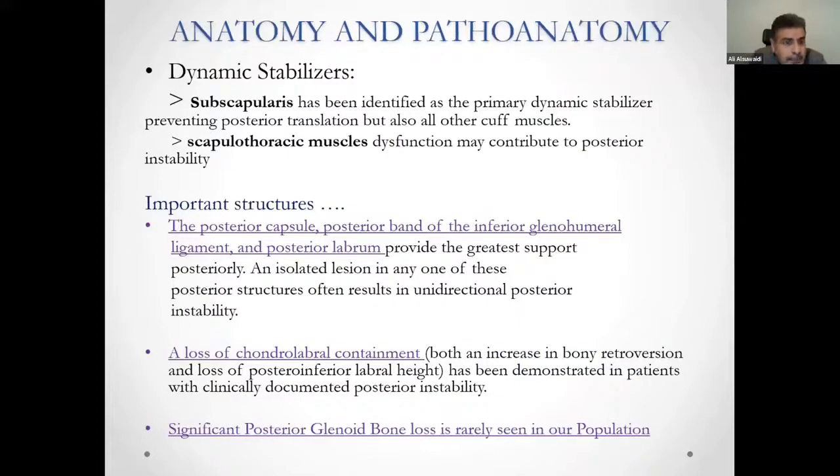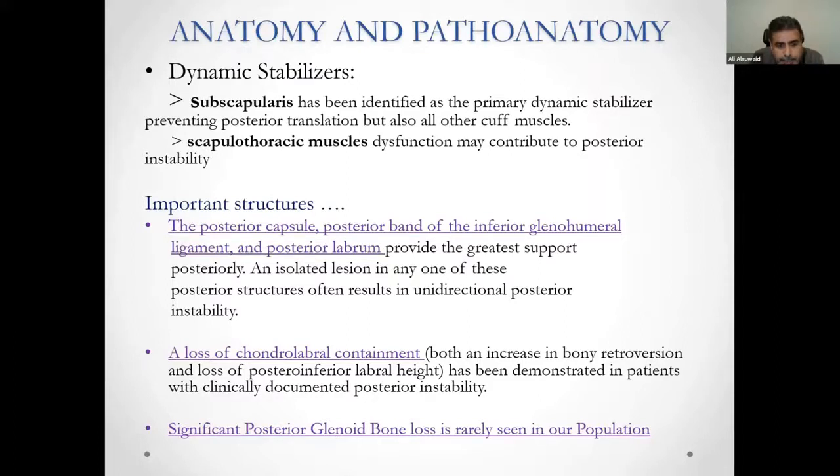The dynamic stabilizers for posterior stability, the subscapularis and also the scapulothoracic muscles, all contribute to posterior stability. So overall, the important structures we have to concern ourselves with for posterior stability are the posterior band of the inferior glenohumeral ligament, the posterior labrum, and the posterior capsule.